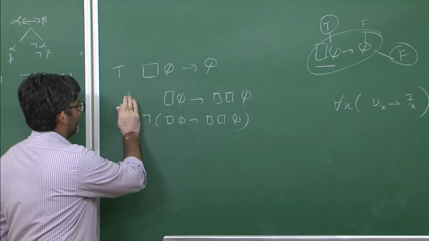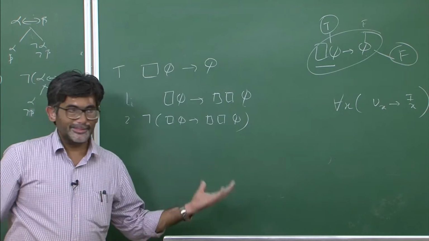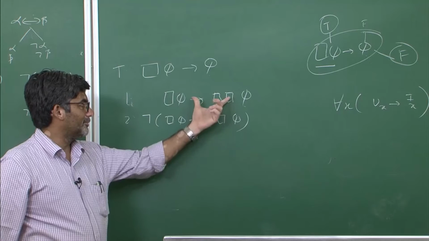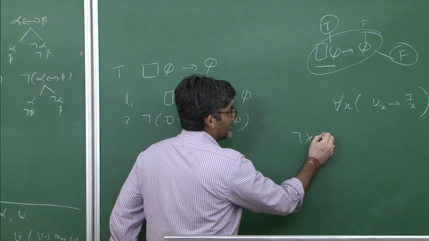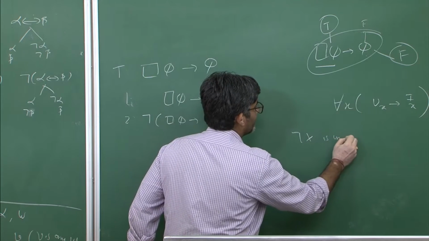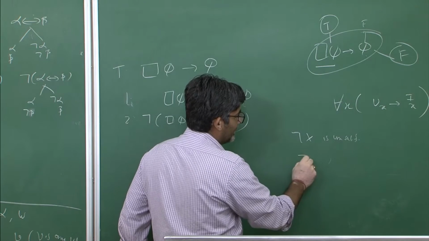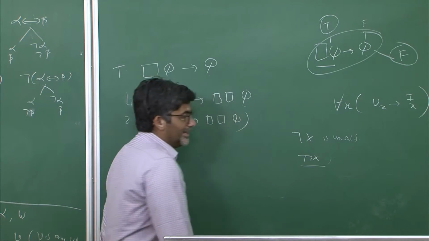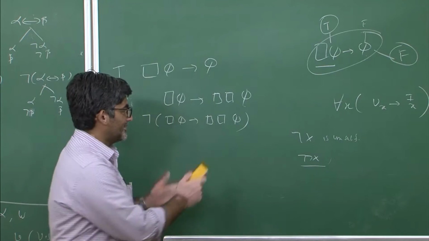In the semantic tableaux method you start with the denial of the formula and then ultimately what you show is that not x is unsatisfiable. That means all the branches close, it becomes unsatisfiable. If not x is unsatisfiable, what is satisfiable is not of not x. Only if you remove all the possibilities of not x, you will come to x. So that's the idea here.